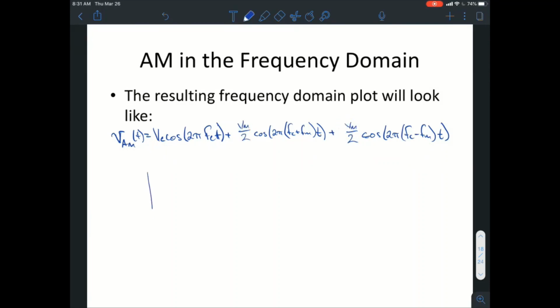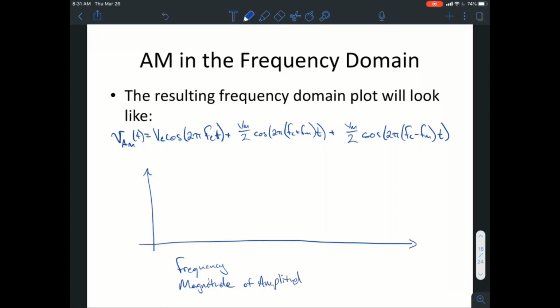And if you remember, when we're doing our frequency plot, the only things that we're concerned about are the frequency and the magnitude of the amplitude. And when I say magnitude, that implies that we're only going to take the absolute value of that. So at any point in time, you have an amplitude, let's say v sub i, then when we're looking at that frequency plot, it's always going to be the absolute value of v sub i, whatever that amplitude is.